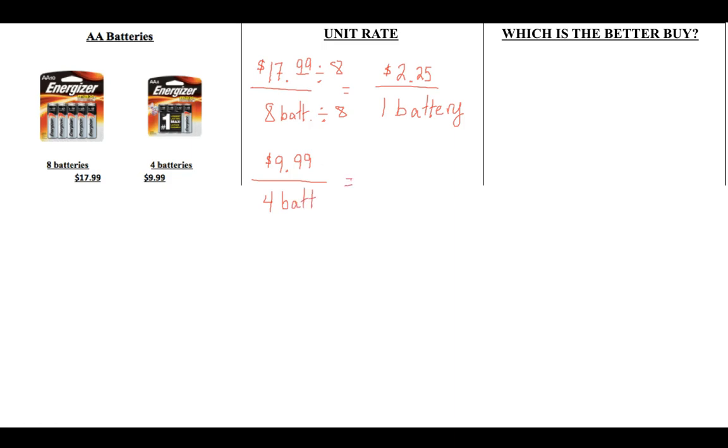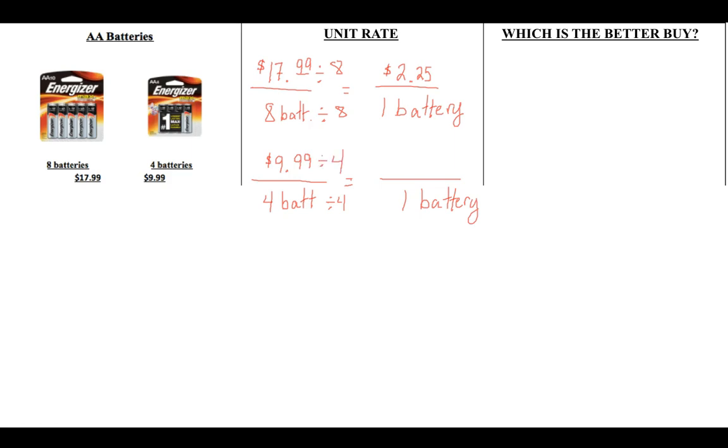Again, I'm going to set up my unit rate or find that by dividing by 4. 4 divided by 4 would be 1 battery. And what I do to the bottom, I'm also going to need to do to my top.